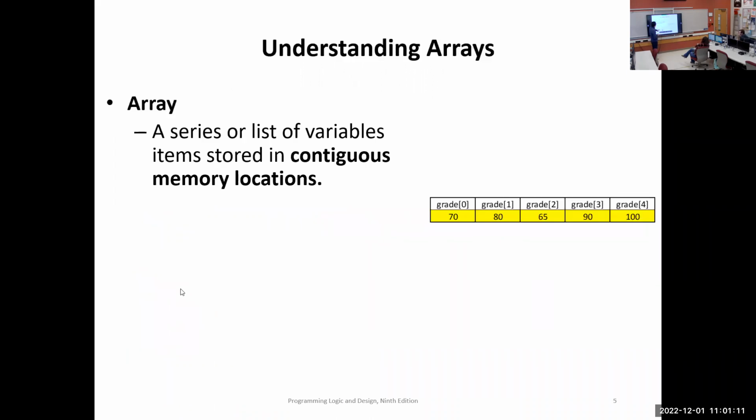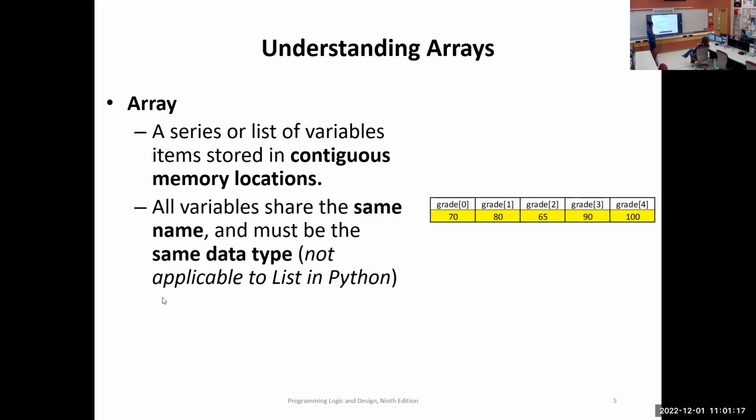Now, all right, again, array is a series or list of variable items stored in contiguous memory locations. All variables share the same name, right? So think about if you have the array with the name grade here, they have the same name because it's grade, and they must be of the same data type. Let's remember that when we talk about the array, normally it applies for every programming language, but not Python. In Python, they have no definition for the array.